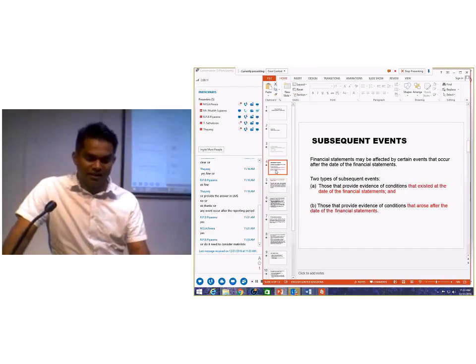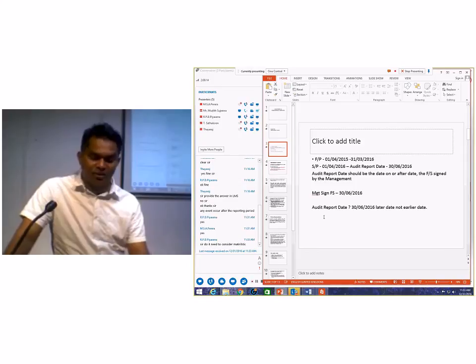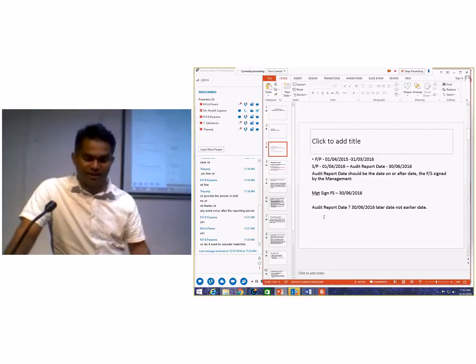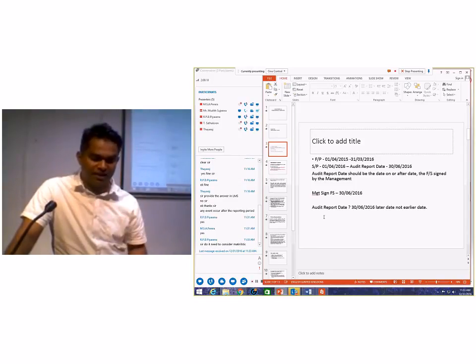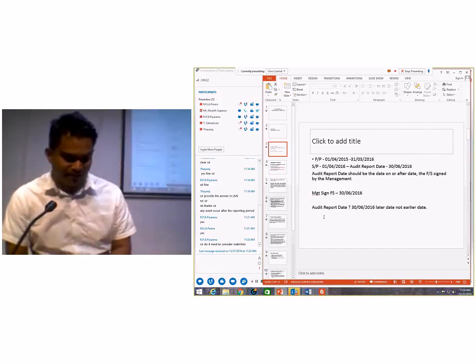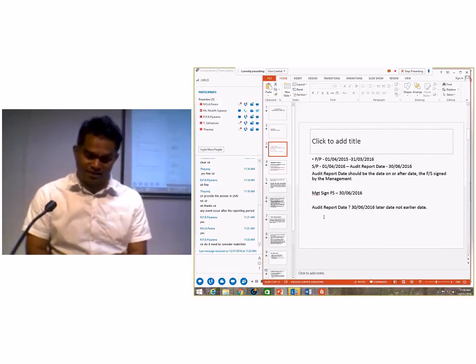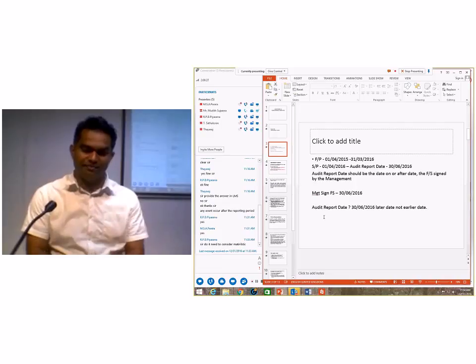If there is no need to adjust, only disclosure is enough. So if it is a material event, you want to make the disclosure. If any event or condition changes the statement of financial position, or changes the conditions of the financial statements for that particular period, you have to make the adjustment, irrespective of the materiality.